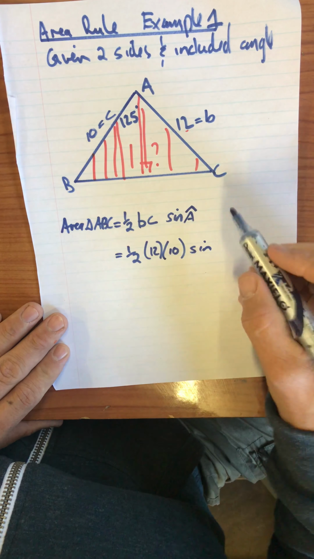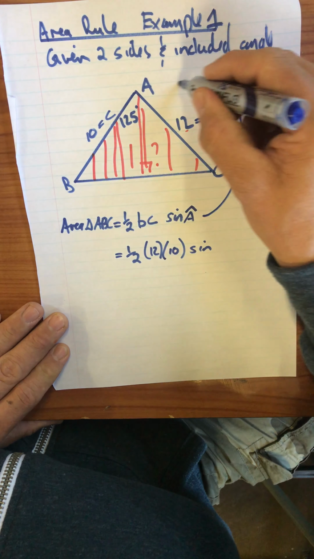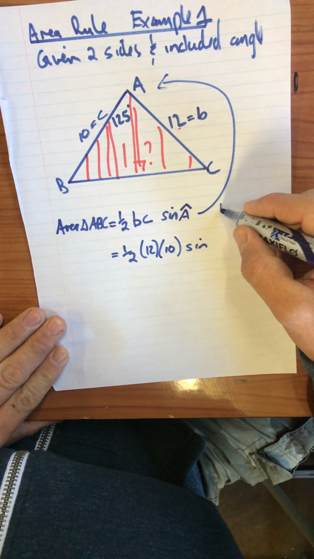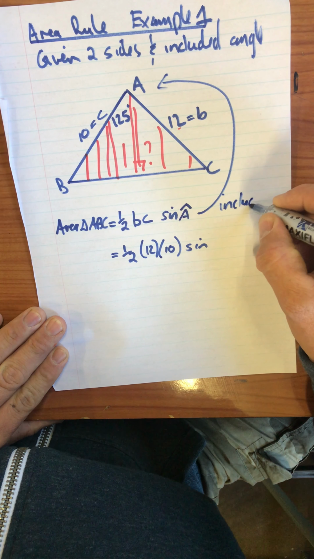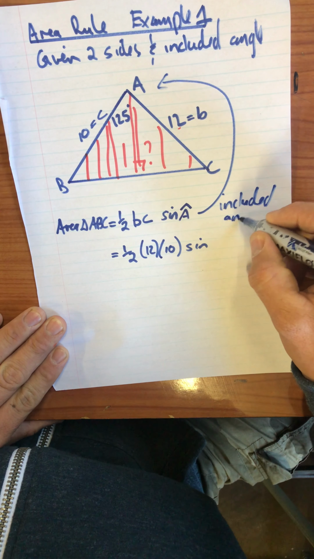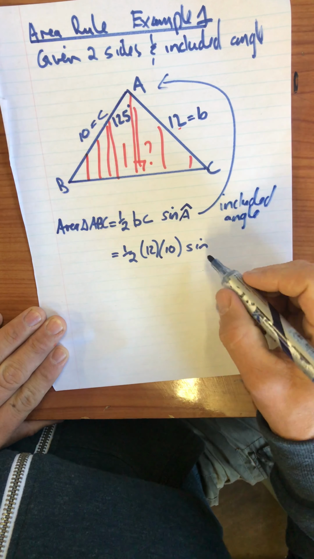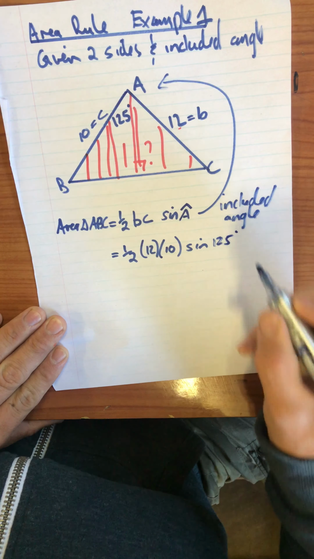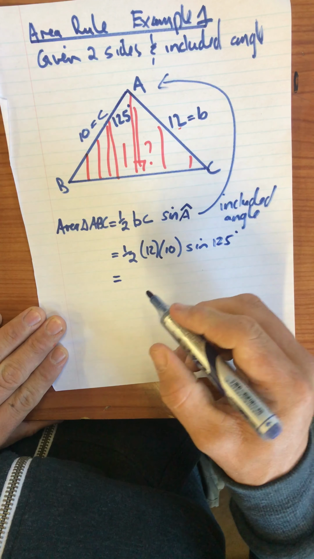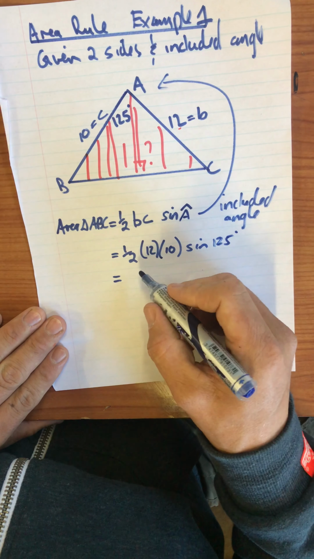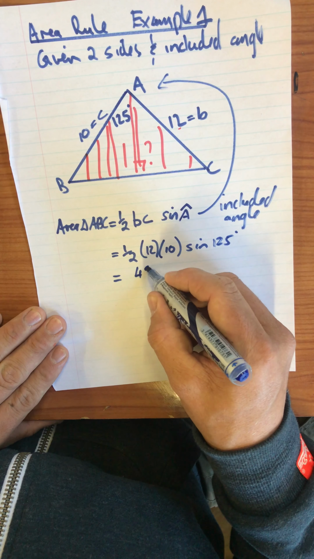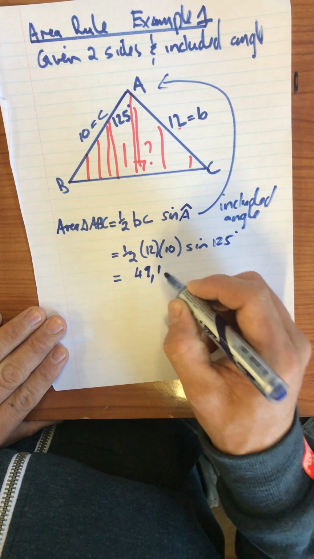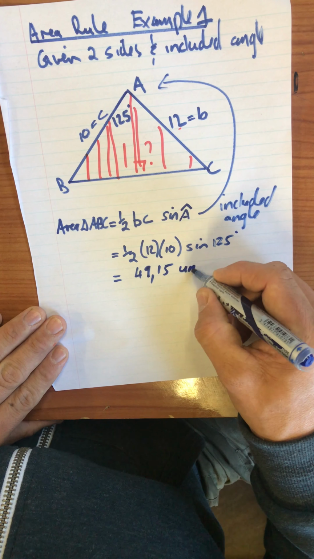Sine of my included angle, which in this case is 125 degrees. And we punch that into our calculator, and that gives us 49.15 units.